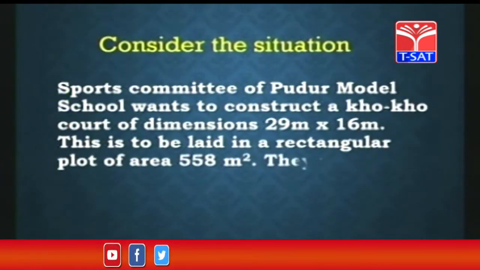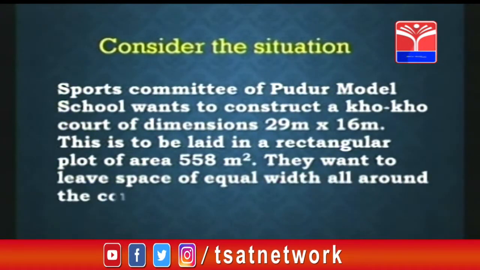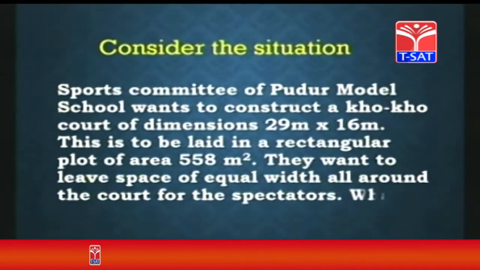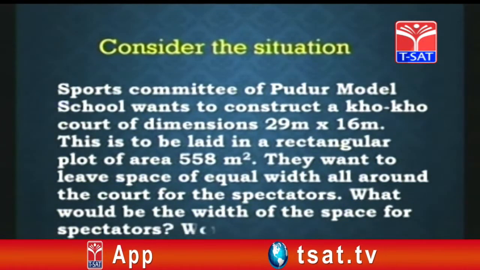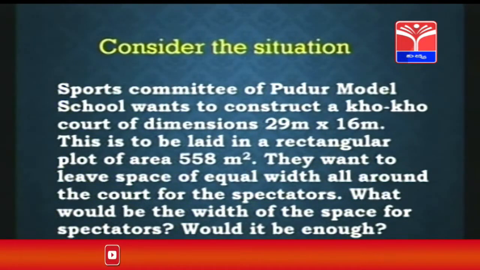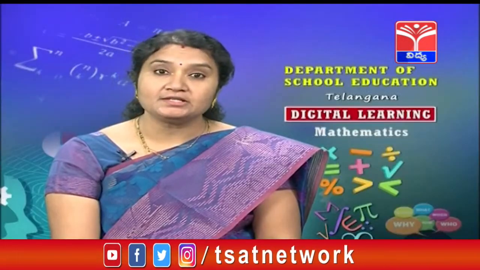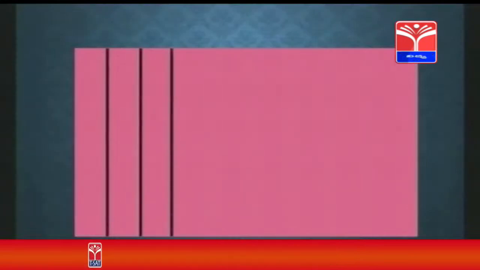This is to be laid in a rectangular plot of area 558 meters square. They want to leave space of equal width all around the court for the spectators. What would be the width of the space for spectators? Would it be enough? I hope you all understand the word spectators. It means audience.